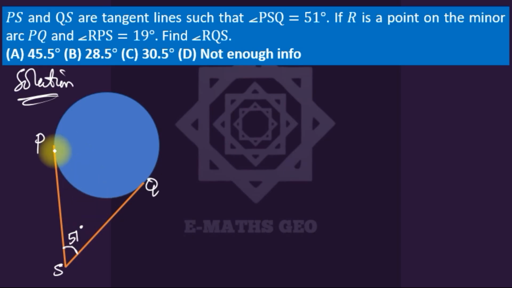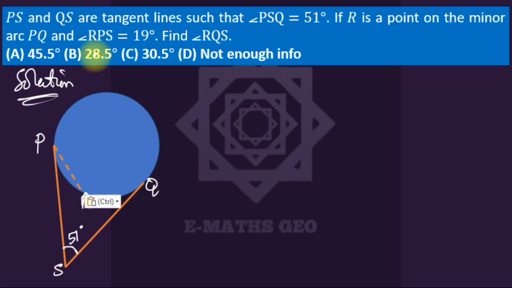They said R is a point on the arc, so let's call it here, Q, R. Such that angle RPX is 19. So let me add auxiliary line RP.